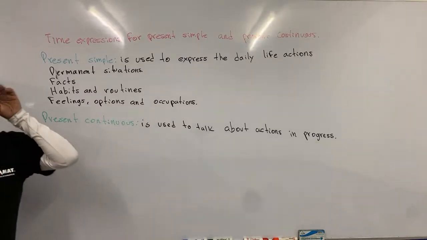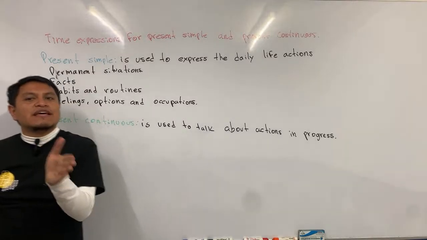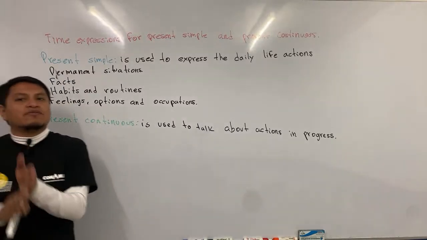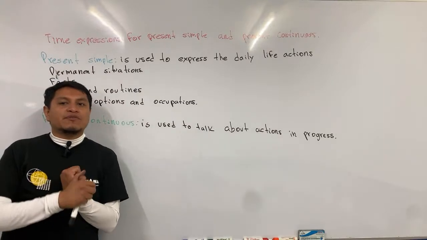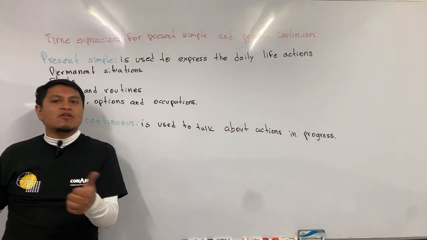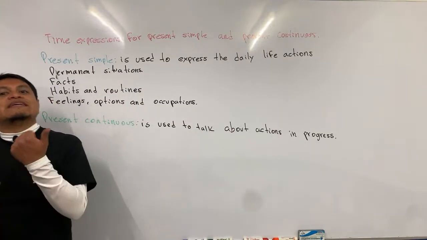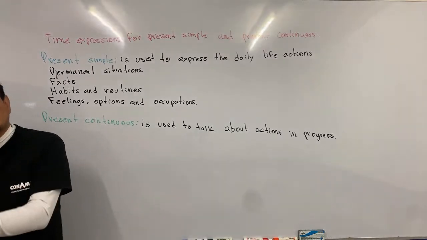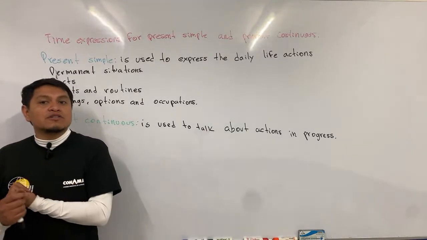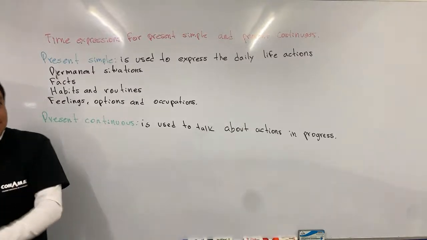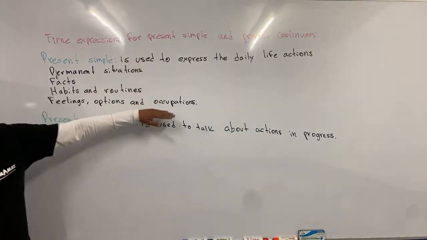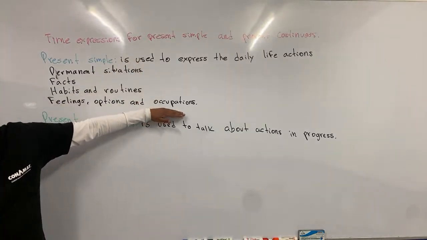Now, for occupations, the present simple is always used to refer to occupations or professions. For example, Gabriel Orozco is a Mexican artist. Repeat: Gabriel Orozco is a Mexican artist. This is the present simple for occupations, right?